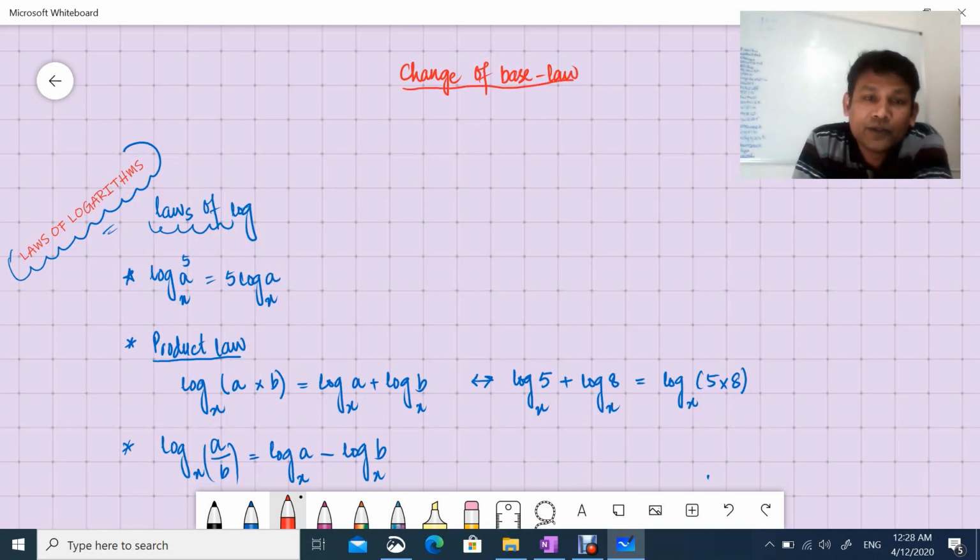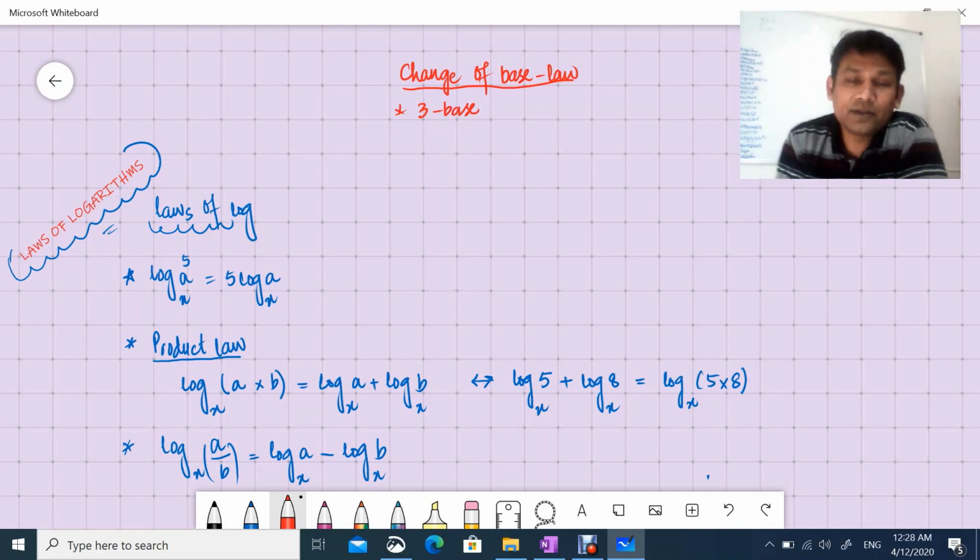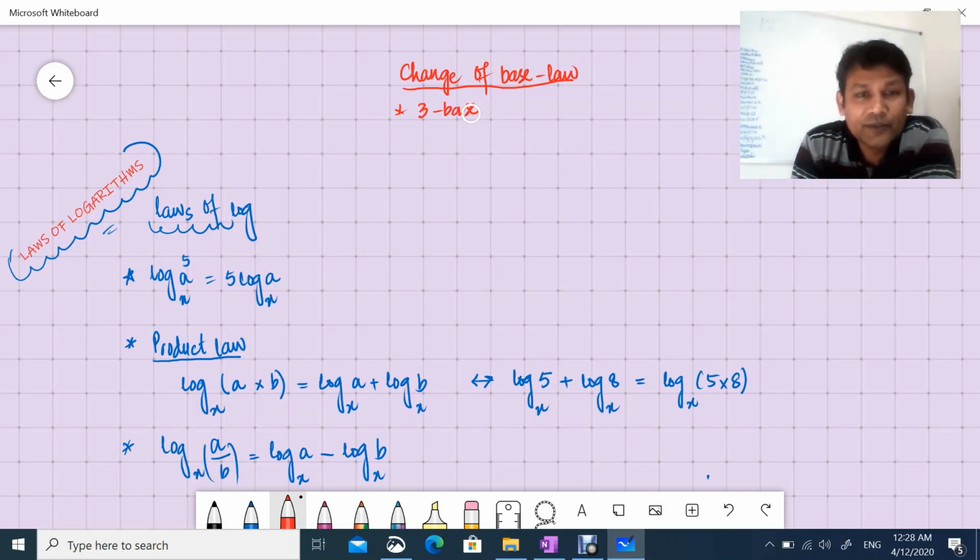For example, the first change of base law is what? This is when you require the third base. This is actually not in the book. I have made this to remember how we can use the change of base law. Third base required. Third base means, suppose you have log a b, I want to convert this into a different base. Change of base means your base will be changed, like this a should be changed.